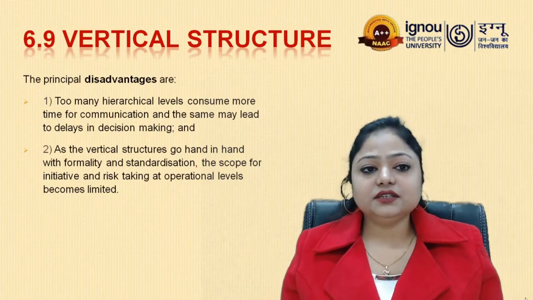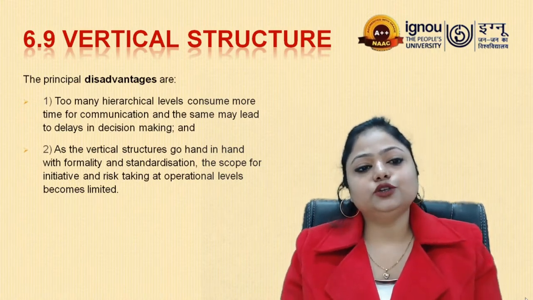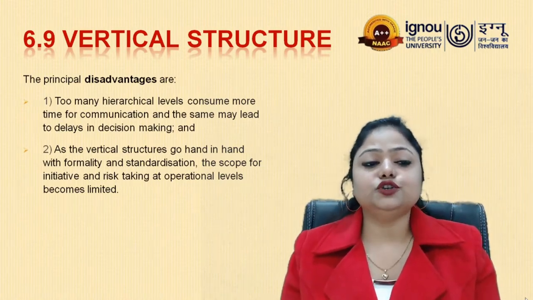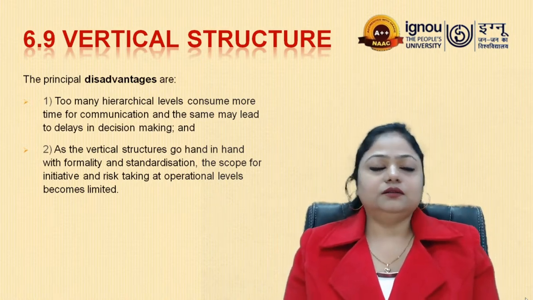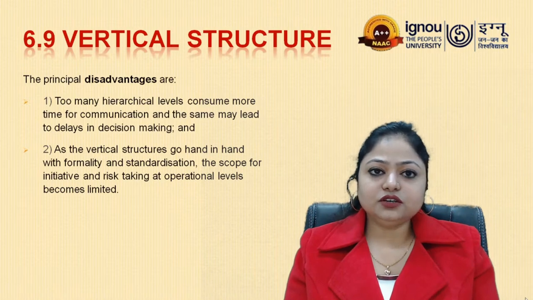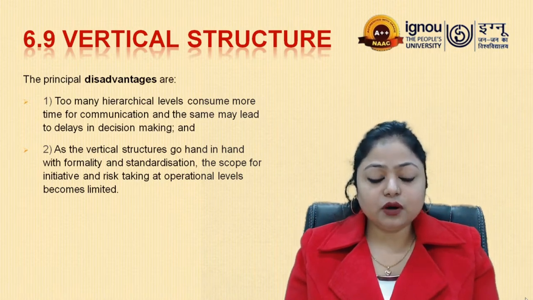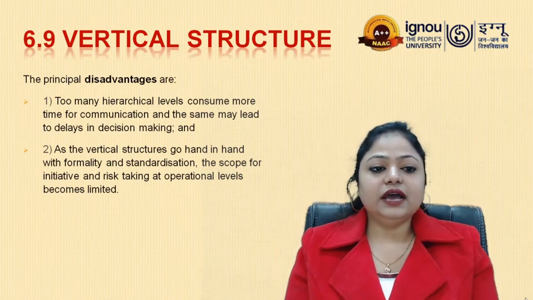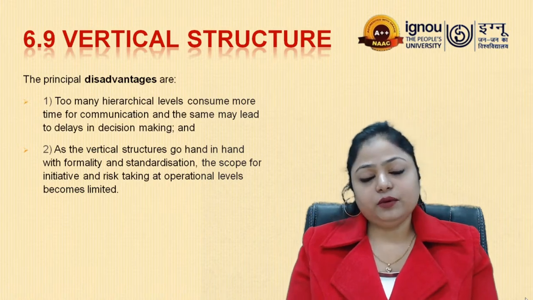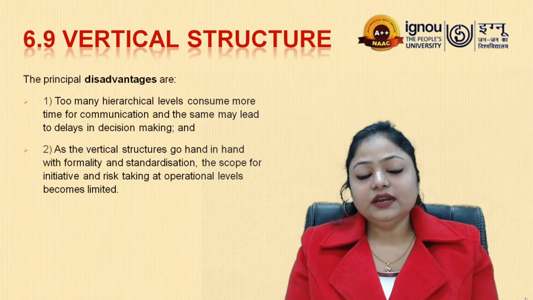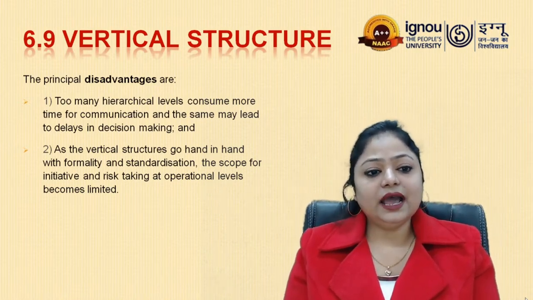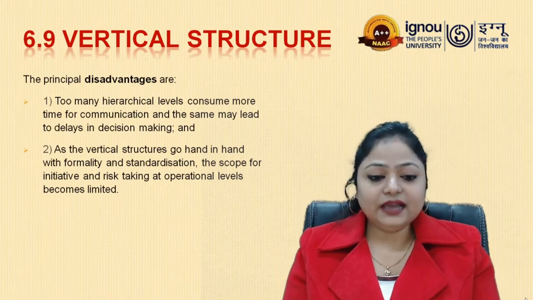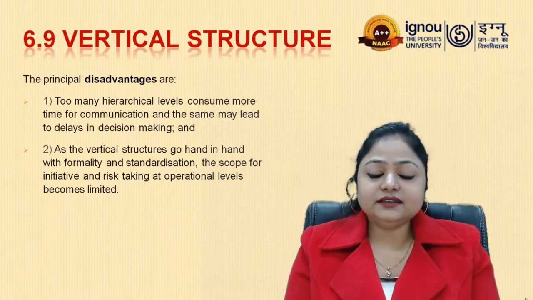The disadvantages of vertical structure are that too many hierarchical levels consume more time for communication and decision making. So many decisions that need prompt attention and issues that need quick solutions can be delayed. Another disadvantage is that it goes hand in hand with formality and standardization.